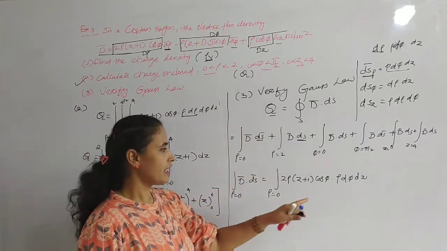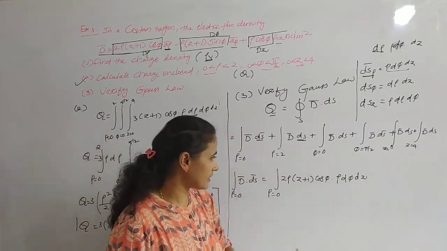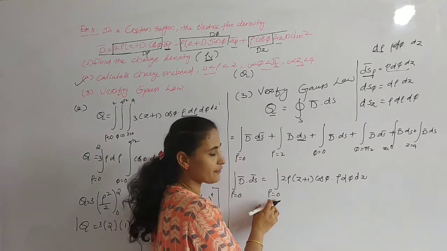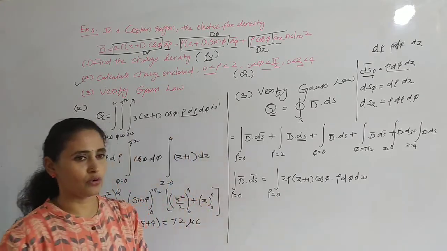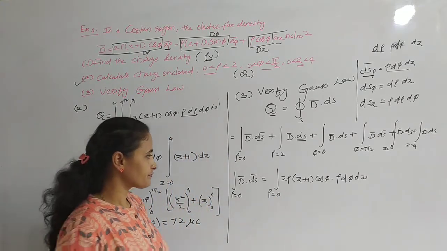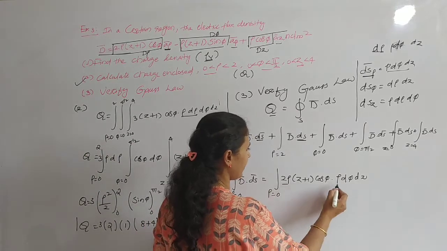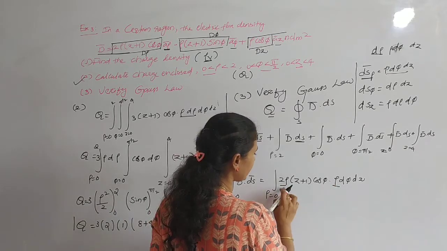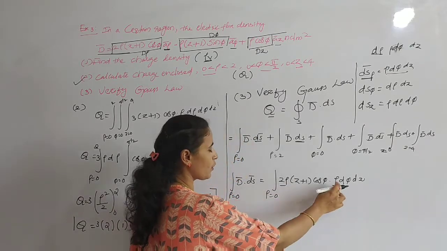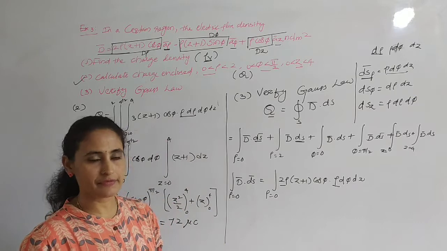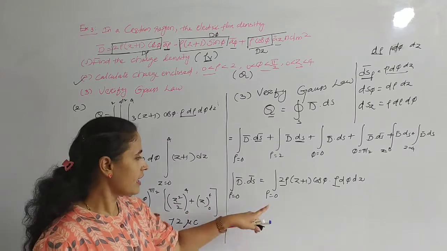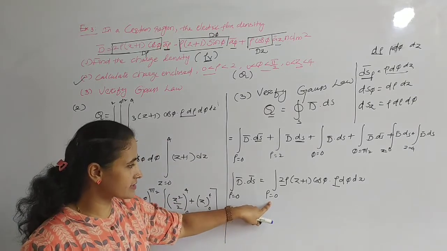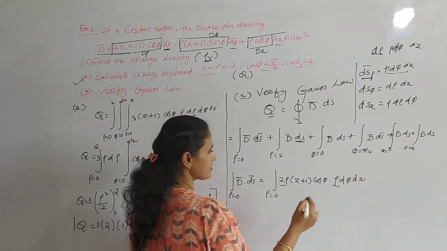So here there are no d phi and no dz terms, because the limits are only with rho. Simplifying, even after integration we will get rho into rho square. Integration of rho square is rho cube by 3, and after substituting rho as 0, it is going to be 0 only.